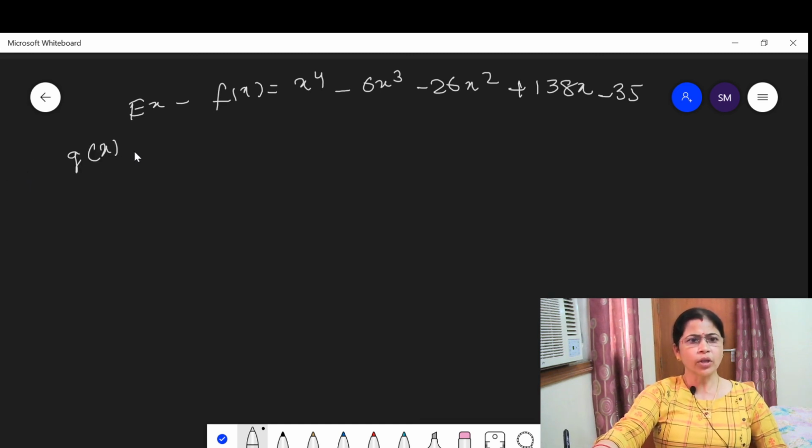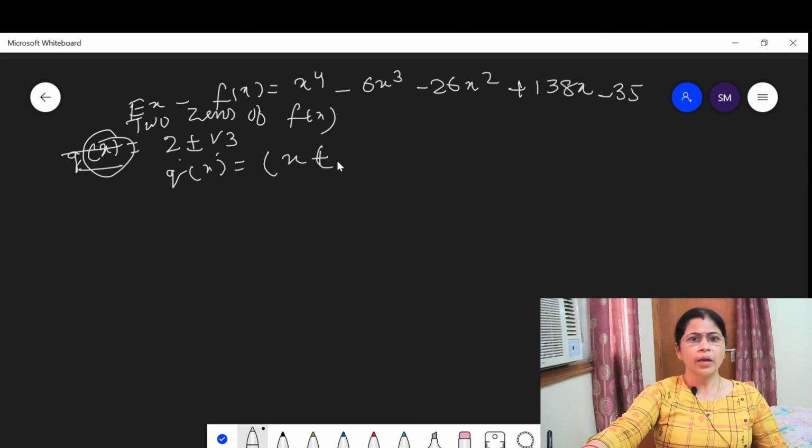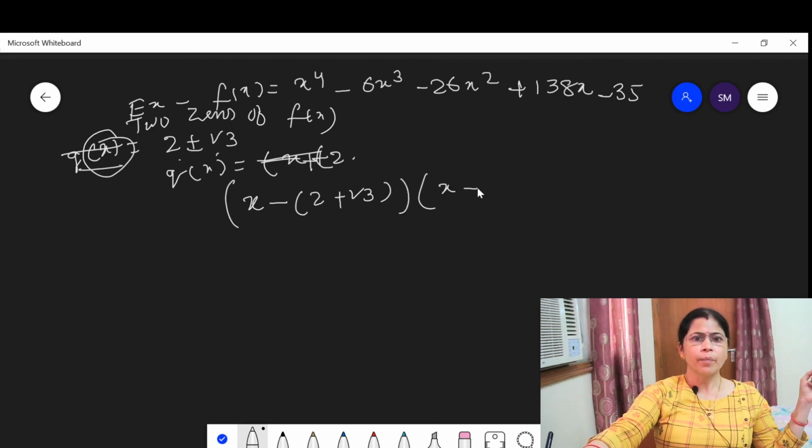Here two zeros of f(x) are given, 2 plus or minus root 3. This means q(x) is equal to x minus 2 plus root 3 and x minus 2 minus root 3.